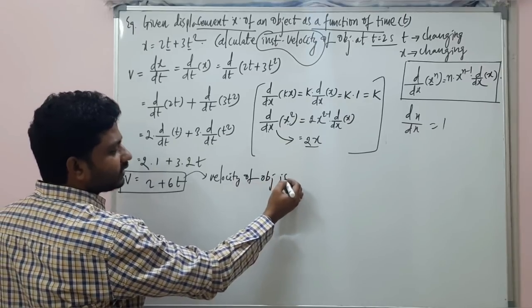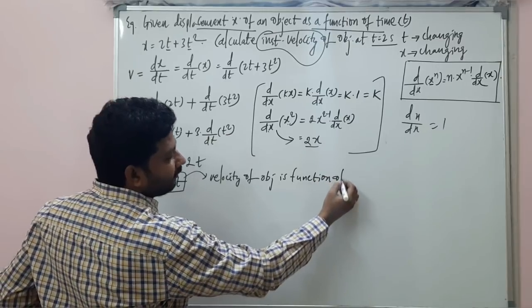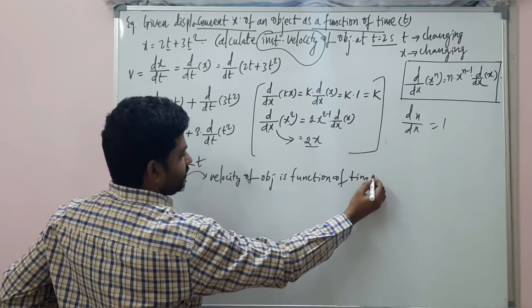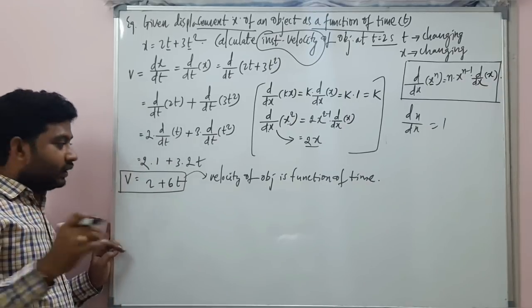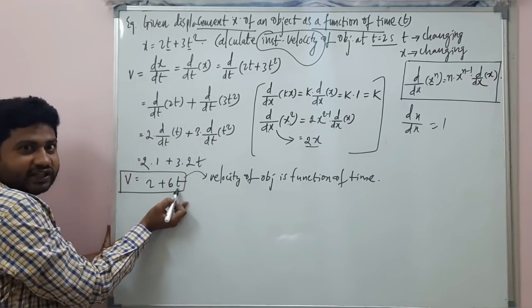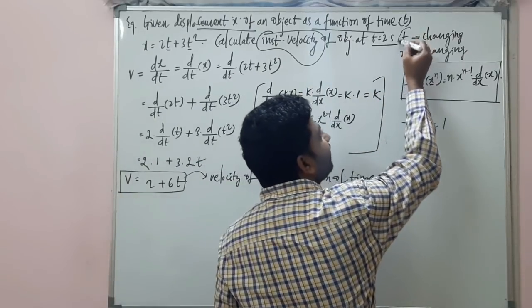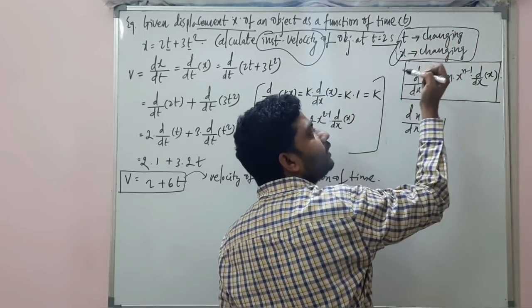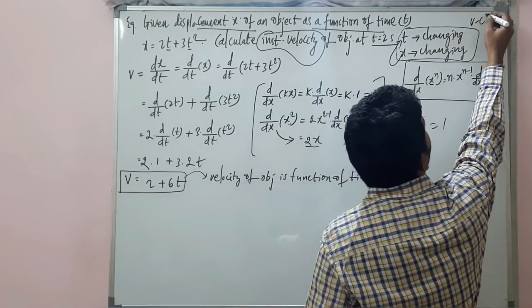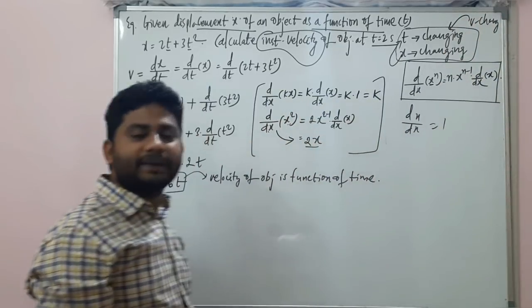Velocity of an object is a function of time, so you should not forget that. See here, when you change the t values, velocity is also changing. That is what I wrote here: when t is changing, x is changing, which means x is a function of time. When t is changing, v is also changing, so v is also a function of time.